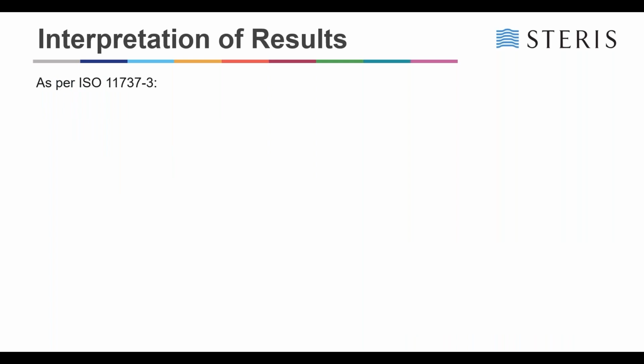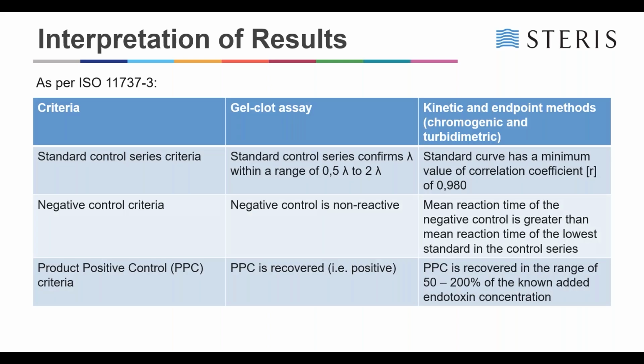After we have the analysis, we're going to take a look at the interpretation of our results. So here's some criteria that is outlined in the ISO standard. But it's important to note that our acceptance criteria can be understood depending on the product-specific BET limits.